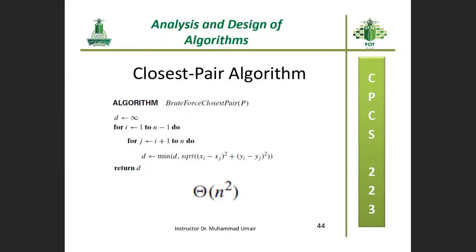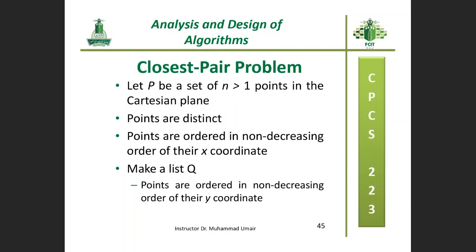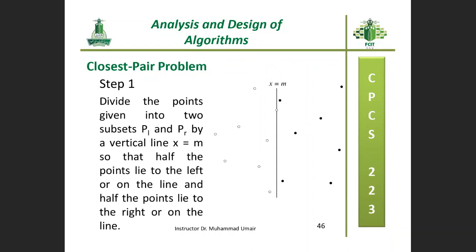The same problem can be solved using the divide and conquer approach. What is that approach? You will not solve the problem for all the points at once. You will split the points into two portions, dividing it into half of the elements.